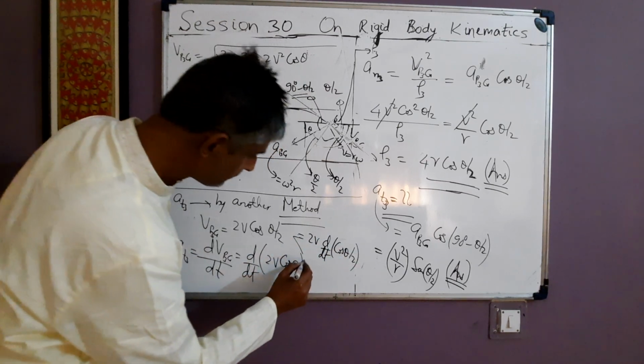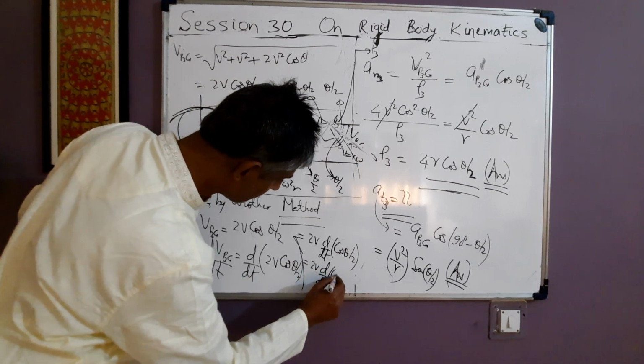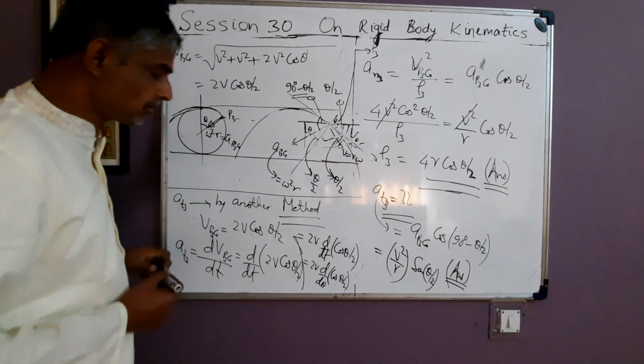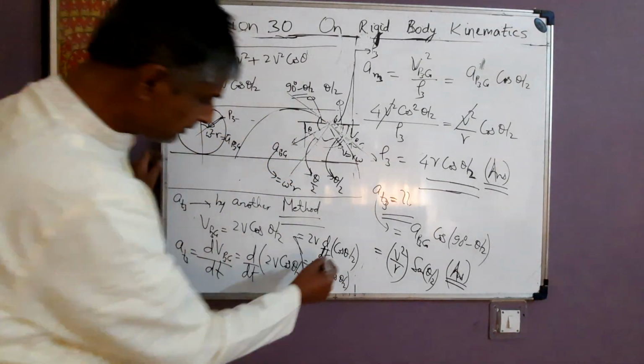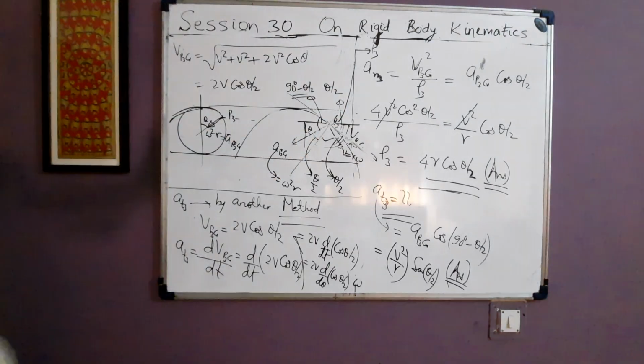Cos theta by 2. This becomes 2v d by d theta of cos theta by 2, into d theta by dt, which is simply omega. Omega is the angular velocity of the drum.